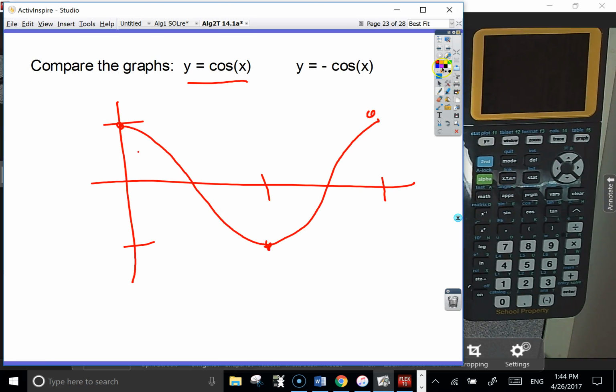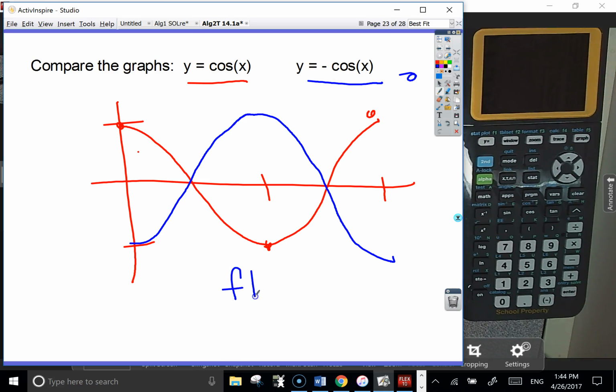Right? What would the negative cosine do? It would start down here, right? It would go up to the top. It would come back down like that. So it's just a flip. Or you could say a reflection in the x-axis.